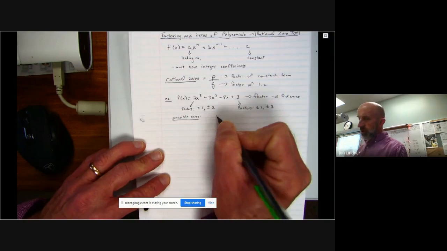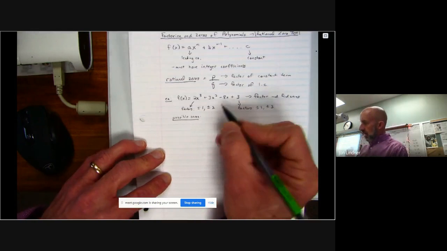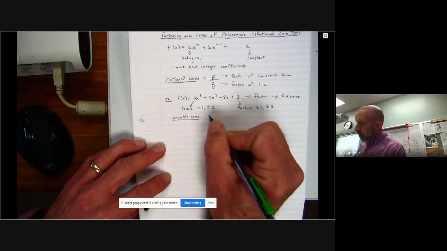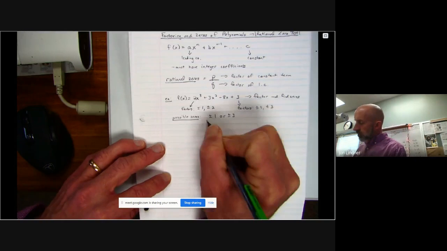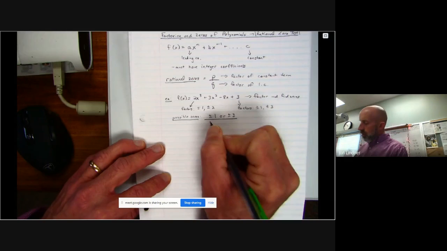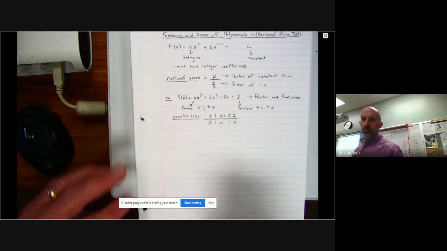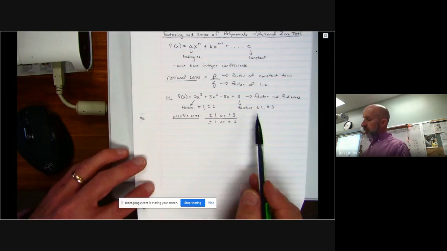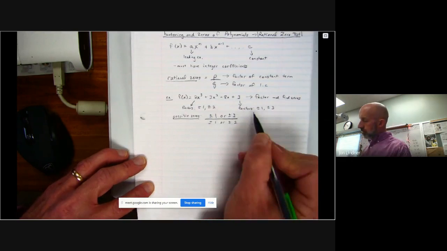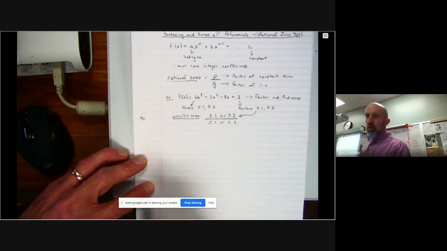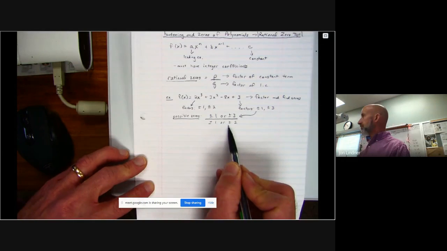So my possibilities are going to be, I have to look at plus or minus 1 or plus or minus 3 over plus or minus 1 or plus or minus 2. The factors of the constant term go on top. The factors of the leading coefficient go on bottom.